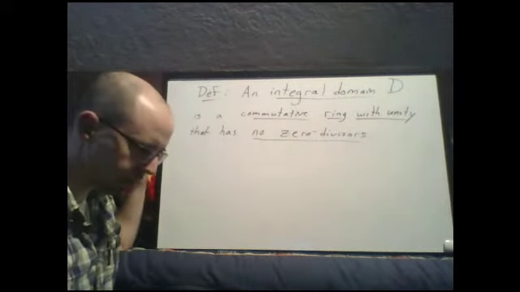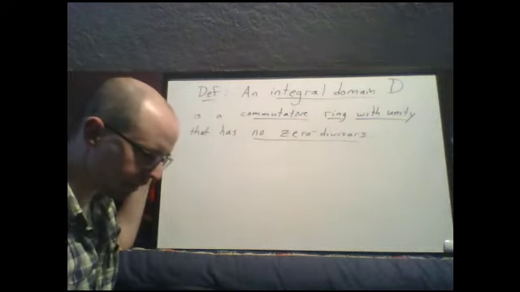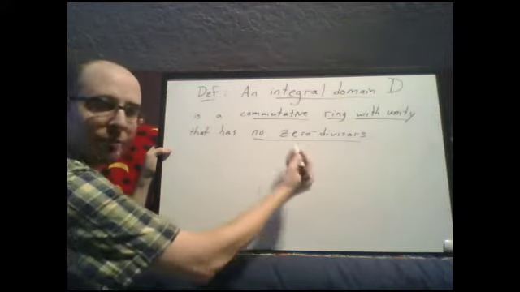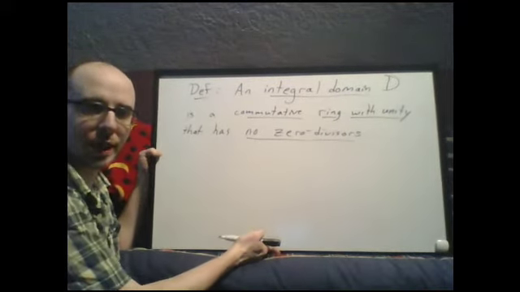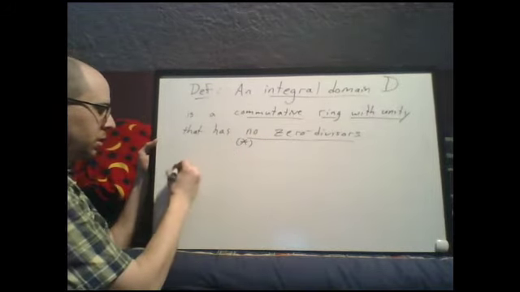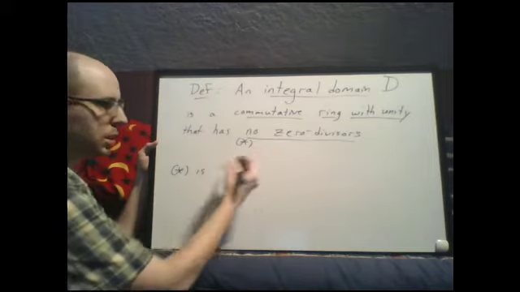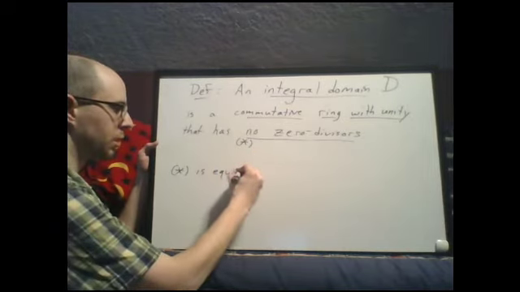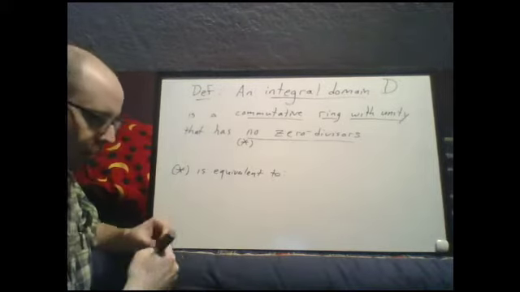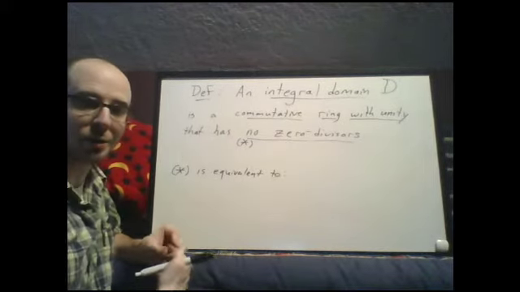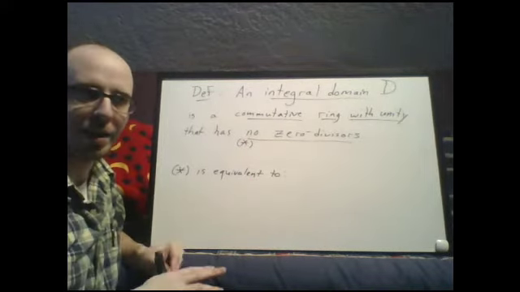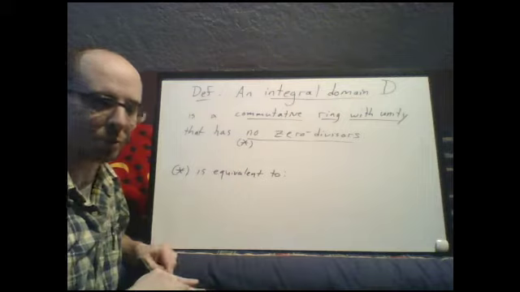And I'll give you some examples in a second, but let me offer an alternate way of thinking about this last condition. So no zero divisors, let me call that star. This condition star is equivalent to the following more useful property. If I want to prove something about integral domains, I want to be able to use this no zero divisors condition in a more straightforward way.